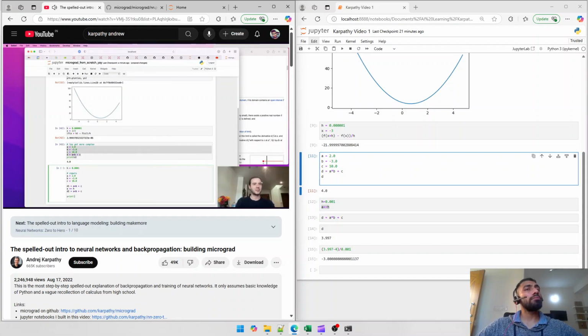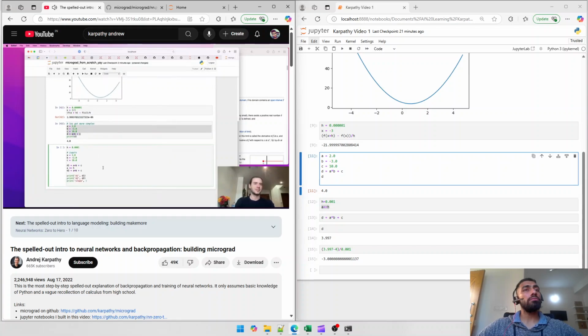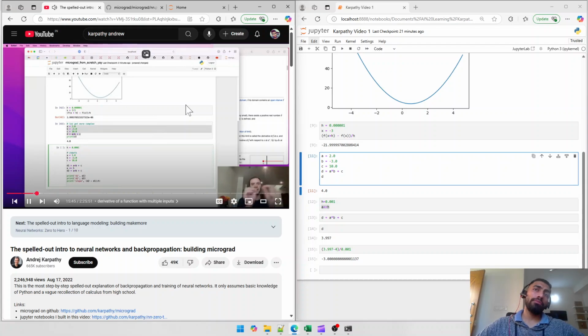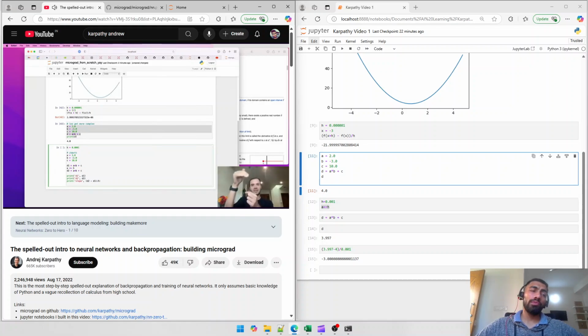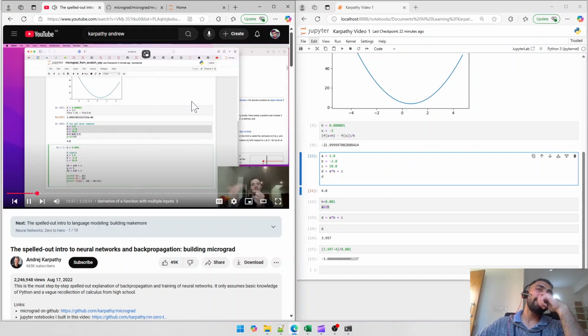And now we're going to print d1 is d1, d2 is d2, and print slope. So the derivative, or slope, here will be, of course, d2 minus d1 divided by h. So d2 minus d1 is how much the function increased when we bumped the specific input that we're interested in by a tiny amount. And this is then normalized by h to get the slope.